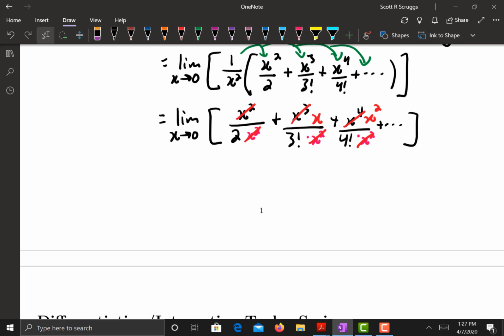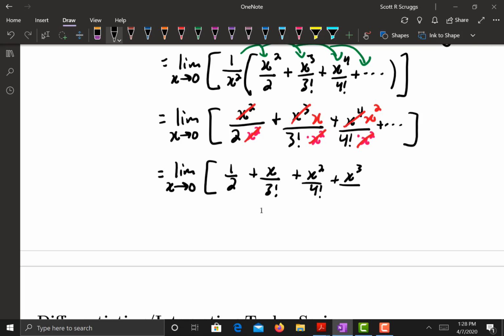And essentially for every term thereafter, we are going to continue on and subtract 2 from the power, which means I now have the limit as x goes to 0 of 1/2 plus x over 3 factorial plus x squared over 4 factorial plus x cubed over 5 factorial, and so on.